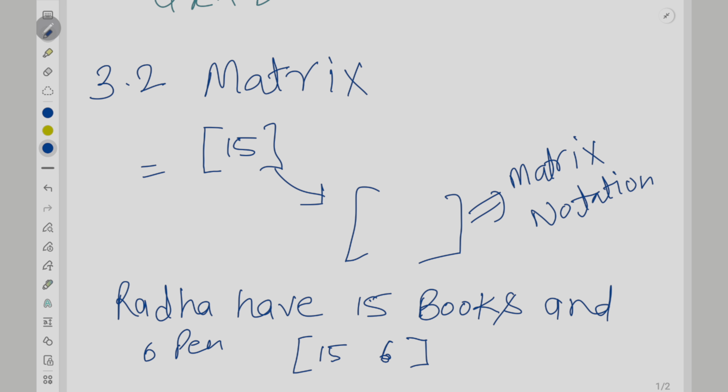This type of matrix is a row matrix, which we will discuss next. The first number is the number of books, and the second one is the number of pens.